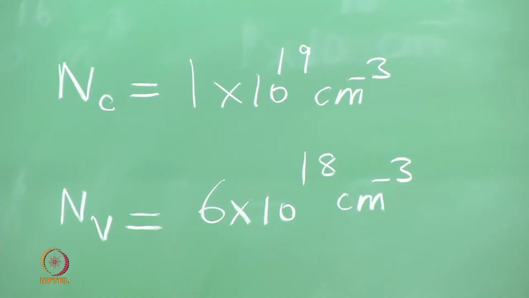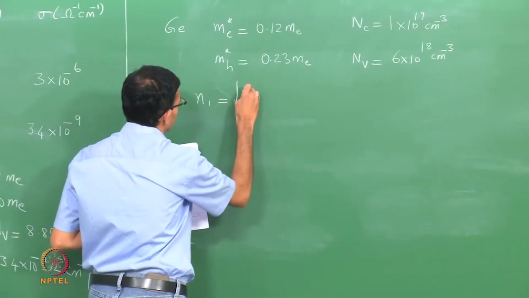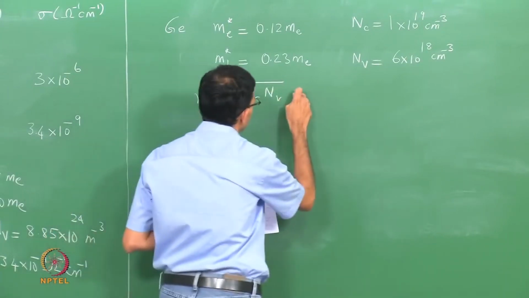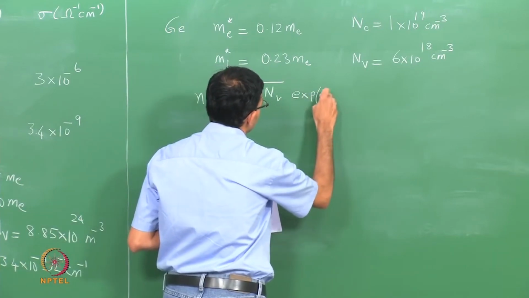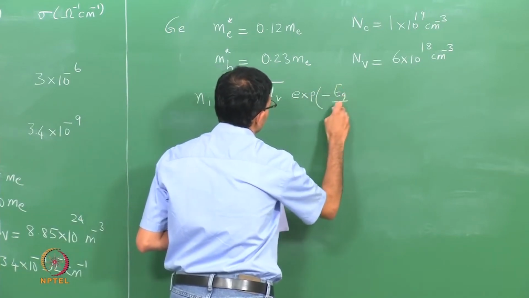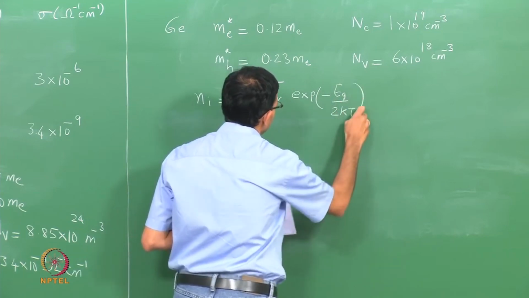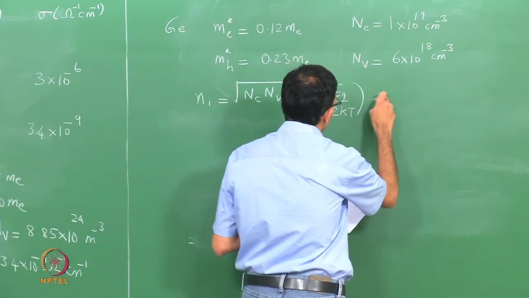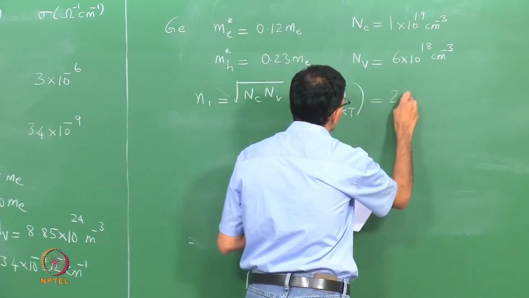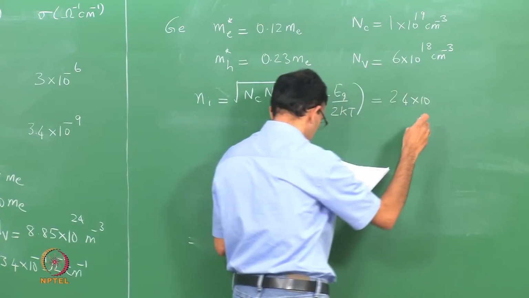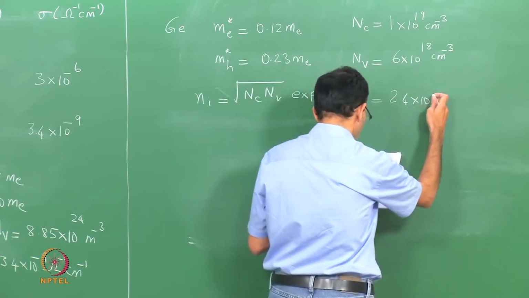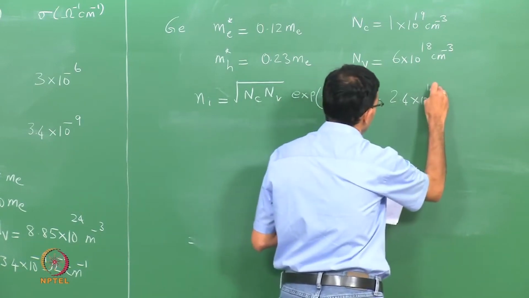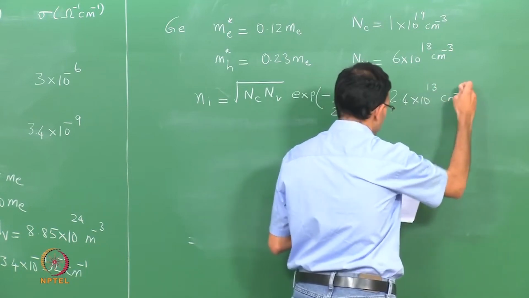So, the intrinsic carrier concentration Ni is nothing but square root of Nc Nv exponential minus Eg over 2 kT, which if you substitute the values gives you an Ni of 2.3 or 2.4 times 10 to the 13 centimeter cube.